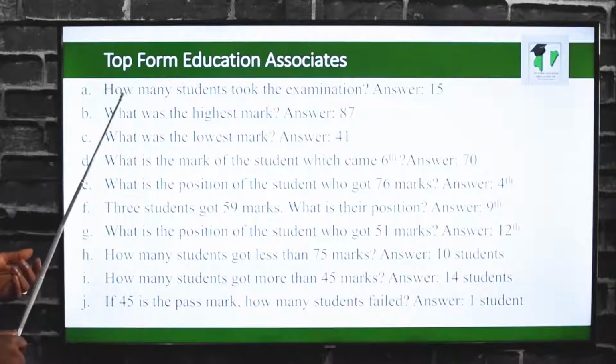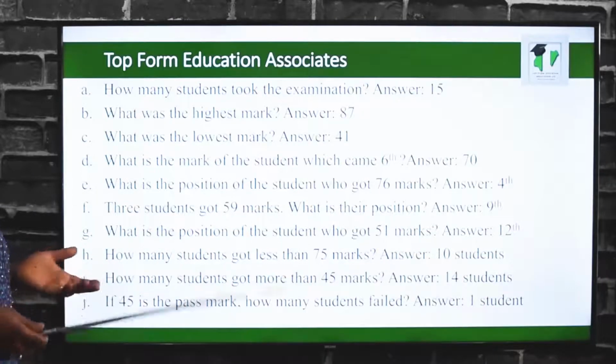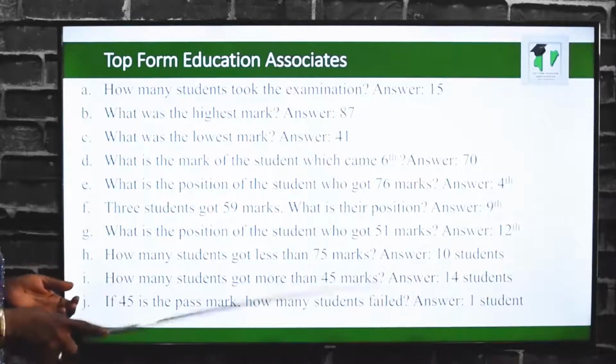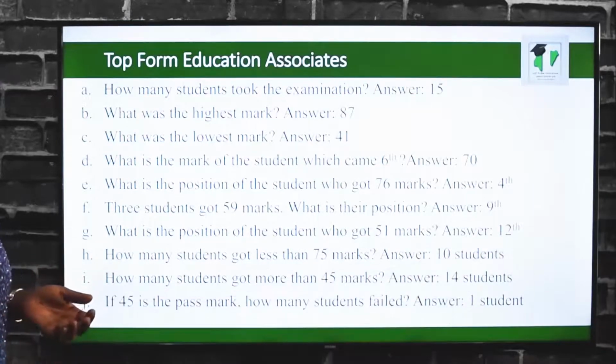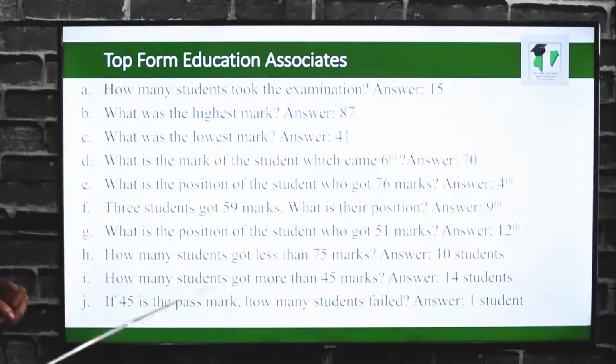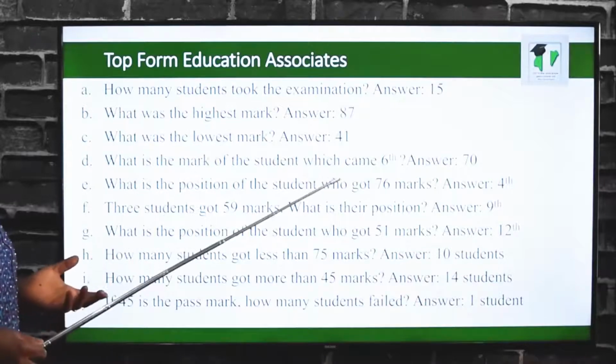First question, how many students took the examination? How will you find out the number of students that took the examination? Count the grades, the marks, and you'll find out that there are 15. So what was the highest mark scored?